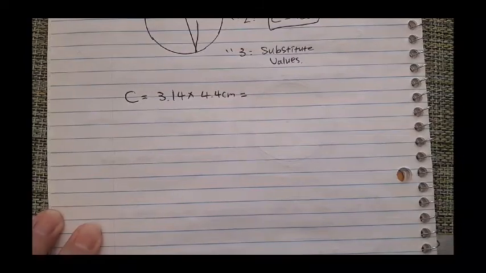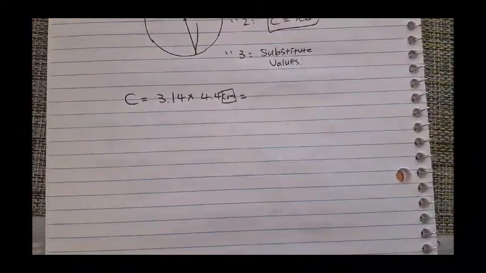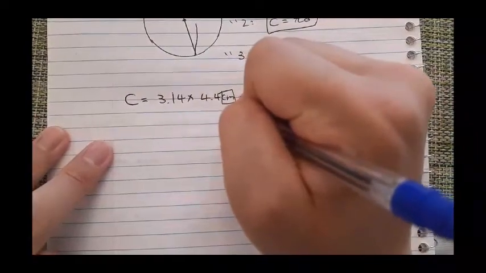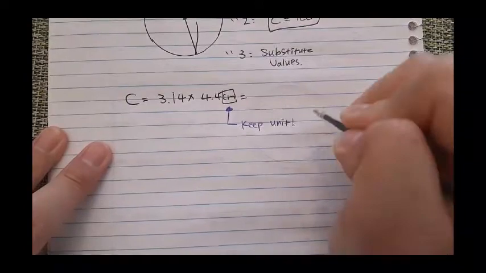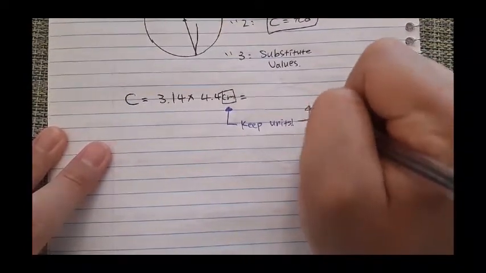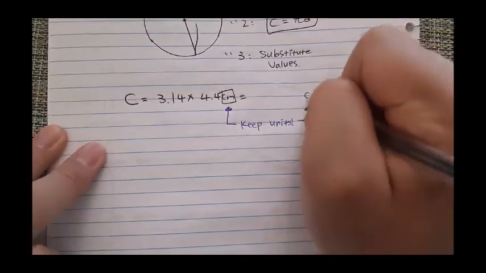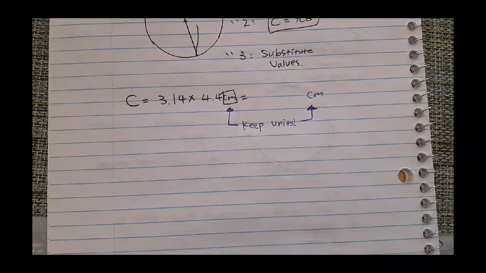And by the way, I'm gonna give a little advice in here. Keep units. Although I didn't put units in here, a circle is a measurement question, so you have to use whatever method you use for measurement or what the question says.